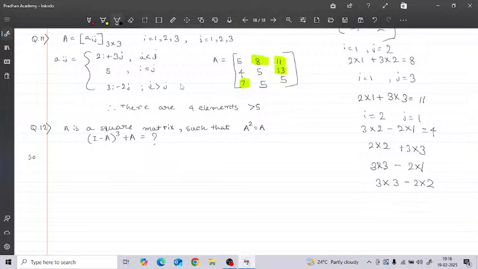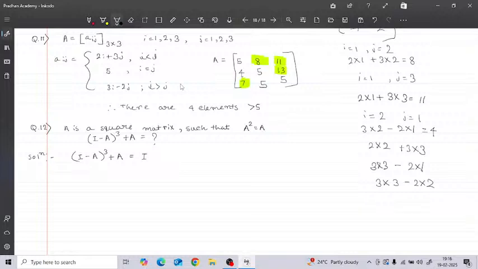So solution. (I minus A) whole cube plus A is equal to, we will simplify it using the (a minus b) whole cube formula. What is that?